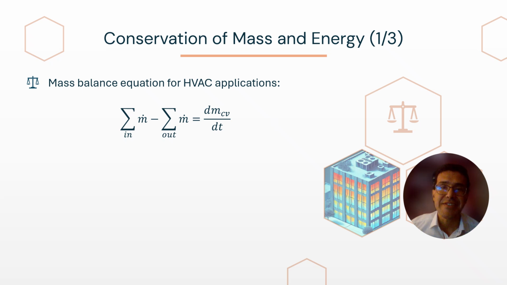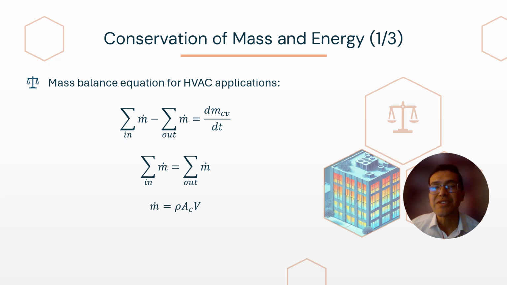In most HVAC systems, the flow is essentially steady, and the rate of change in mass of the control volume with respect to time is negligible. The total mass flow rate entering the control volume equals that leaving, and the mass balance equation reduces to this expression.